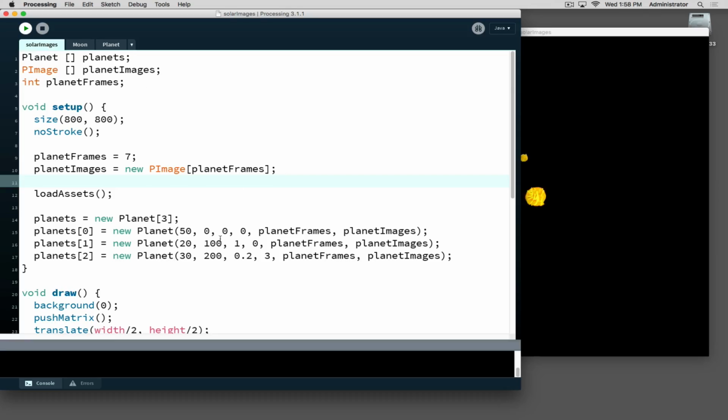But when I go here, we'll realize I'm passing in how many frames and the name of an image array. If we go back to when we were working on our sprite images and we had multiple animated sprites, we had multiple image arrays, one per sprite. We had one for the enemy, we had one for our sprite.